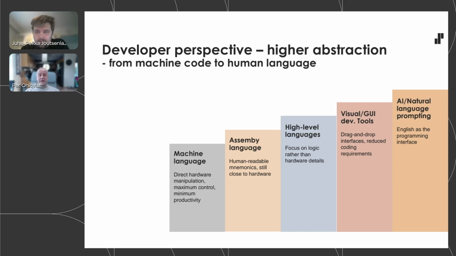Then, with each generation of new programming languages, we abstracted away from the technical details and the hardware. We stopped worrying about memory allocation and focused instead on business logic, user experience, and outcomes. And today, with AI and so-called vibe coding, we're taking another leap. We describe what we want in natural language, in plain English, and then let AI write the actual code.